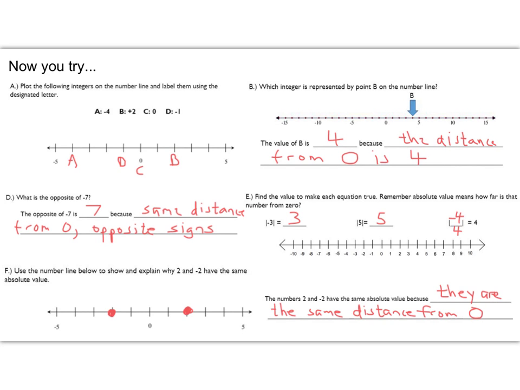All right, check the answers out, especially the explanation parts, and if you didn't get any of these, try to figure out where you went wrong, and after you finish the video you can ask questions if you need to.